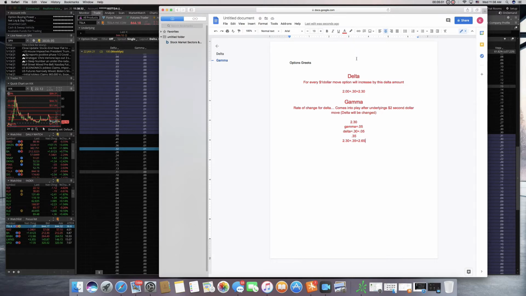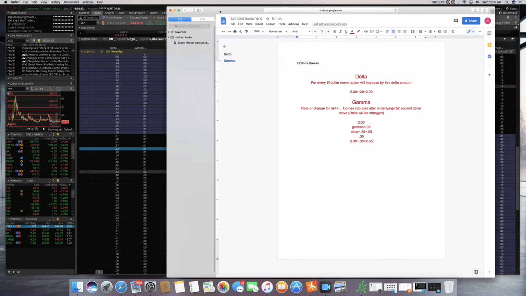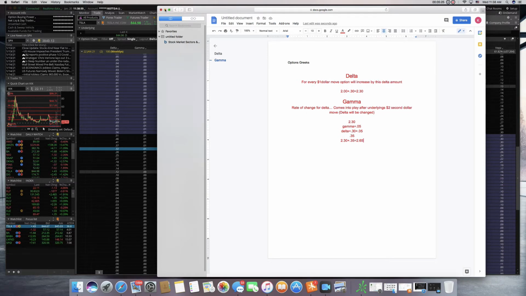When the option is moving lower, the delta becomes negative. The gamma will stay positive, but it will decrease the amount that the delta is going down, because you're adding a positive to a negative, which is going to decrease that full delta amount. So that's how that works.